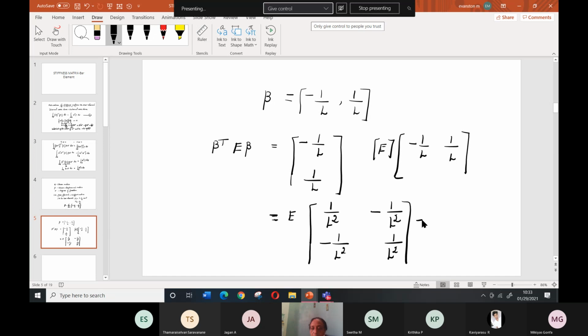Can I take the common values outside? E into 1, minus 1, minus 1 and 1, by L square.